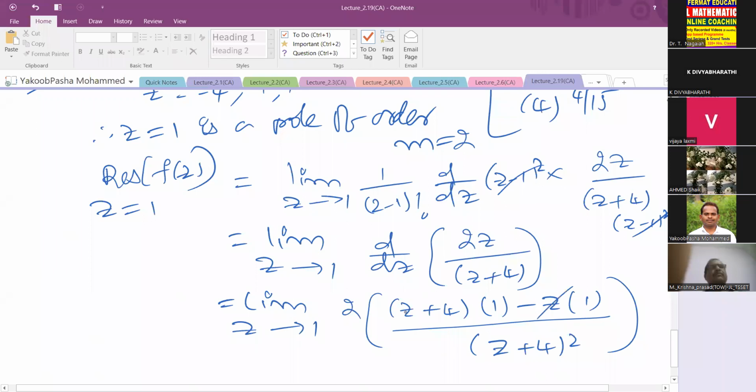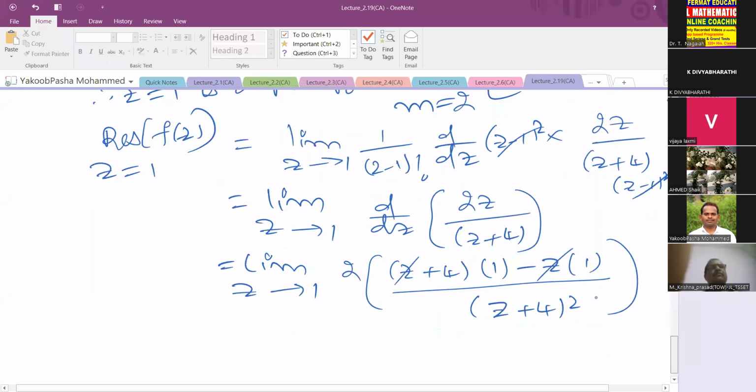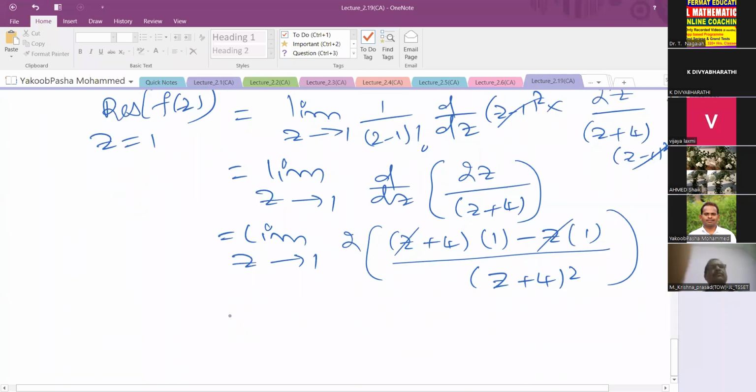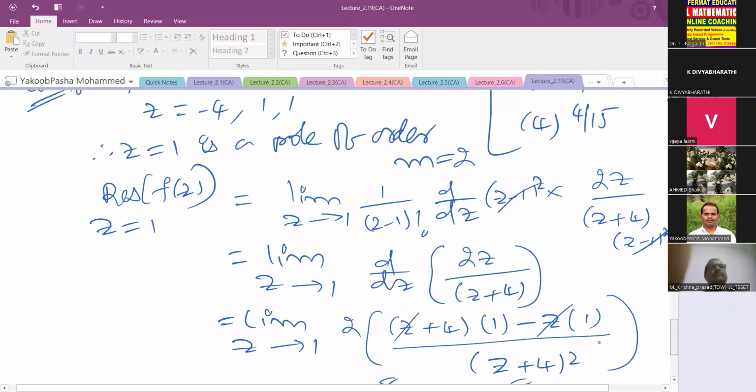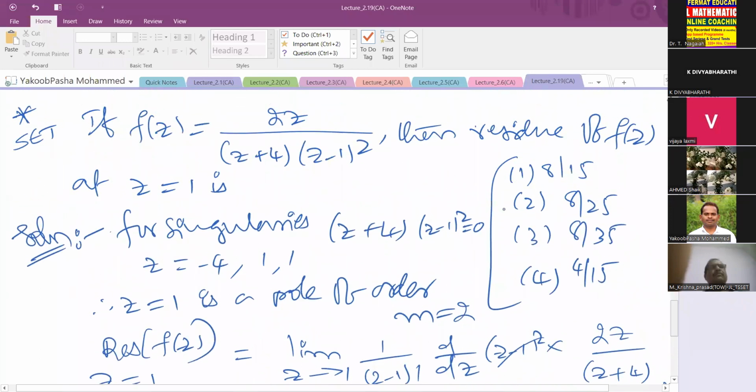Here z will be cancelled. So we have numerator 2 into 4, that is 8 divided by (z plus 4) whole square, with z tends to 1. That is equal to 8 divided by (1 plus 4) whole square, that is 5 whole square, which is 8 by 25. 8 by 25 is the residue. So the second option is the right option.